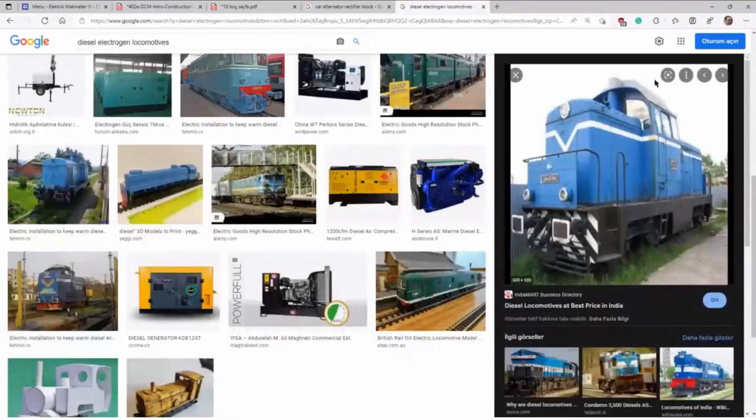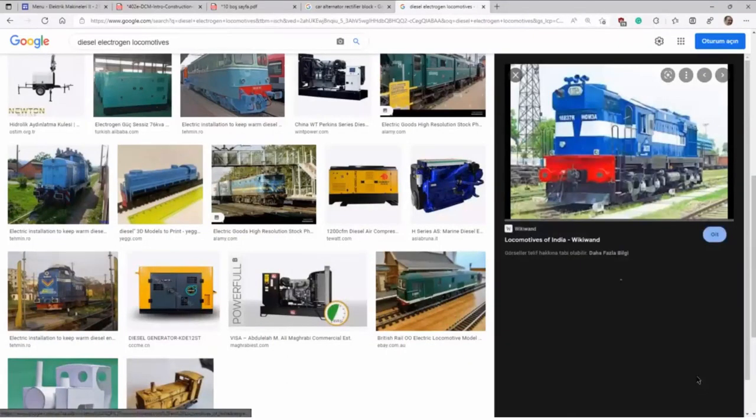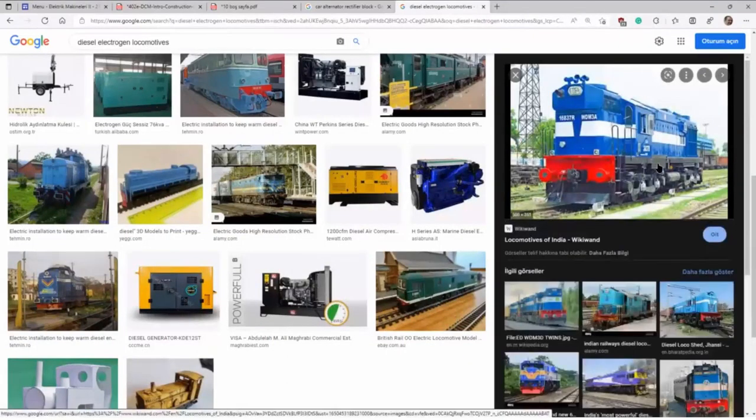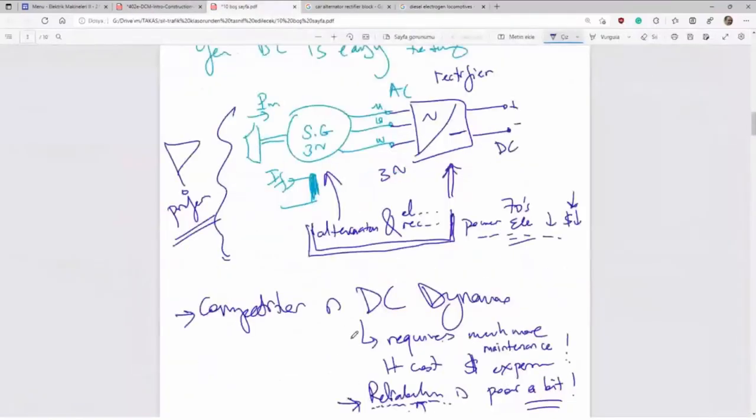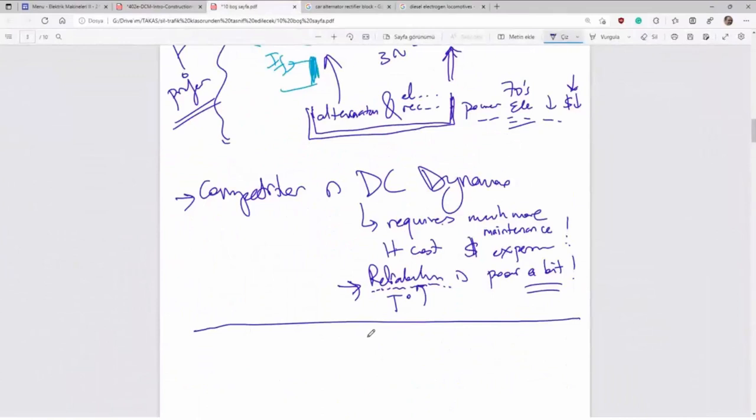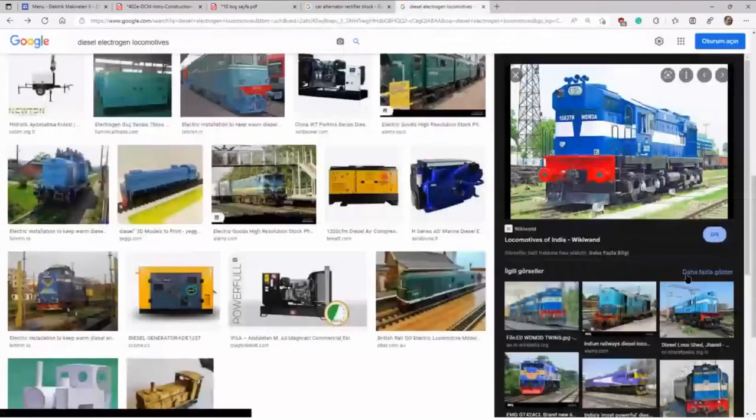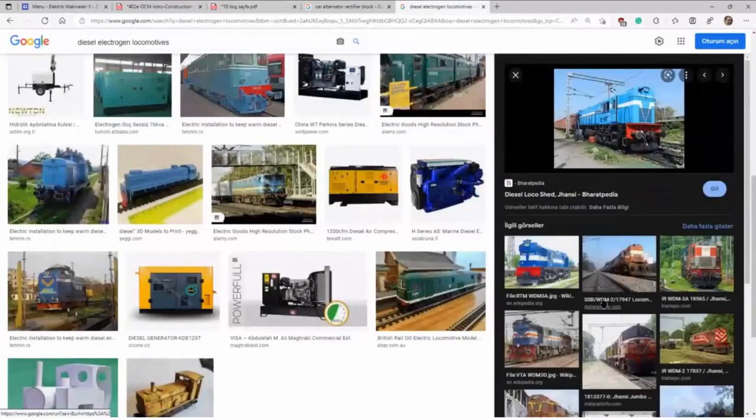To start up such a large diesel engine, you need an electric motor. You need a battery system. We use a DC series motor to start up such a large locomotive because such systems under standstill conditions require much more startup torque. Only DC motors can give such high torques. So we prefer DC motors for startup purposes in locomotives.